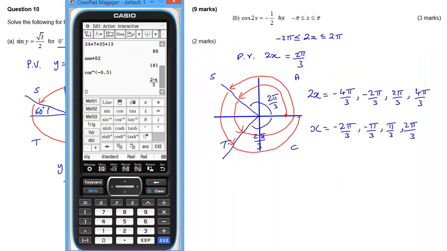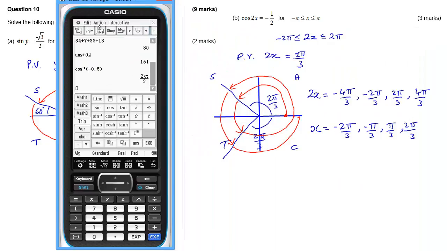And of course you can confirm that on the calculator. You just need to show all the working. It doesn't mean you can't confirm that you've got it right.